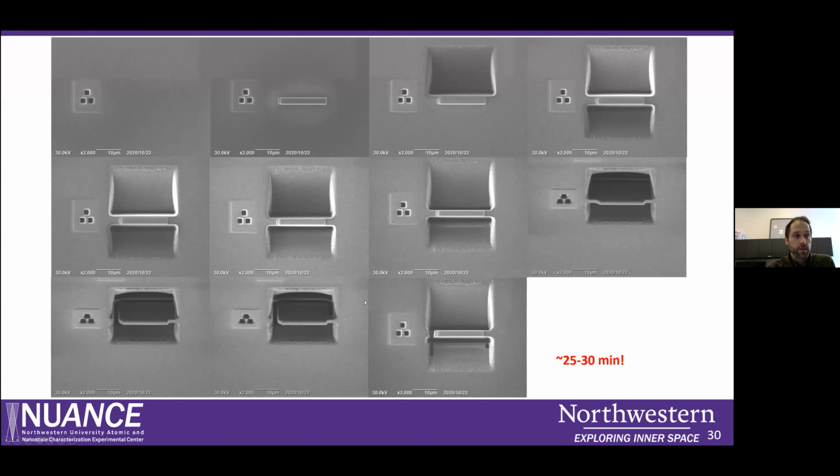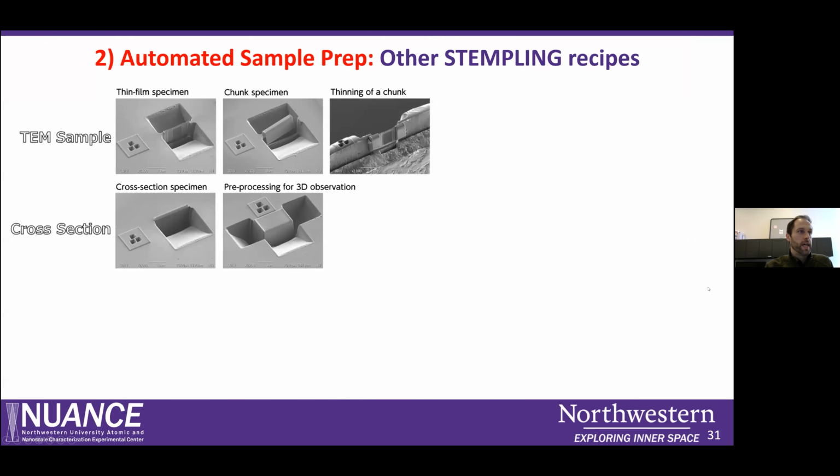Here are the still images that show this process as well. Not only TEM sample prep can be done using this software, but you can also make cross sections, for example, again with the same marker, or pre-processing for 3D observation, which Terza will address a little further down.